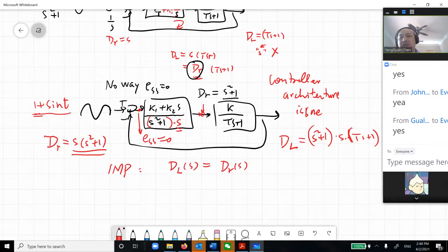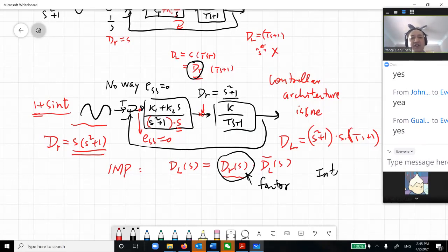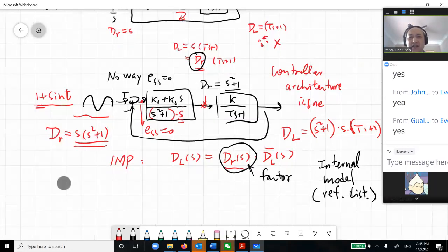This is called the generating transfer function, okay? Times another part, whatever is left, okay? Only when you contain this factor. This factor is actually called the internal model of your reference or disturbance, or other signals you inject in there that you want to reject.